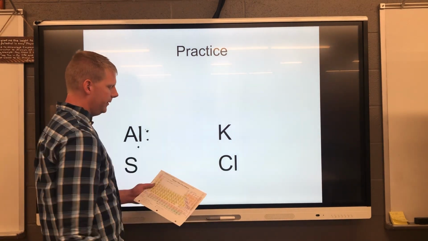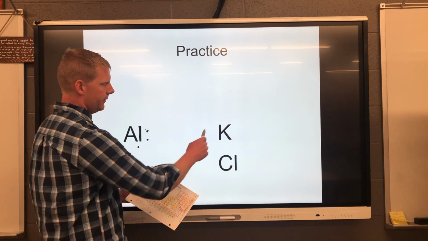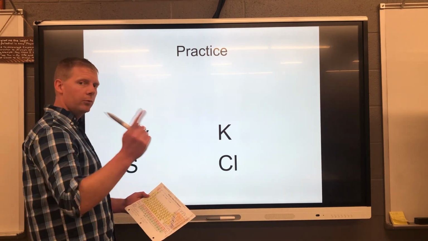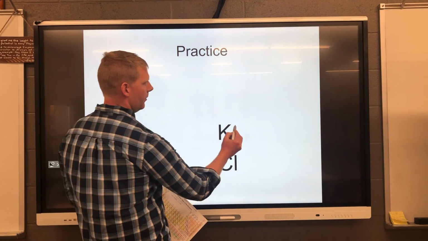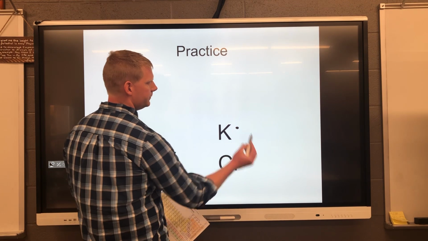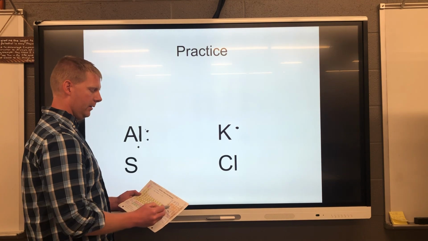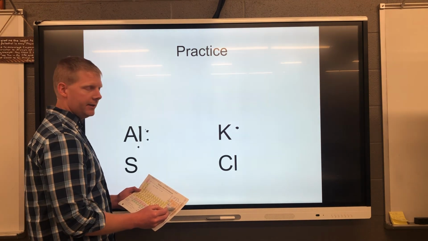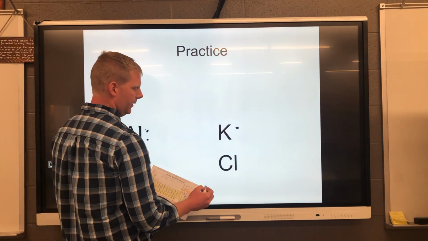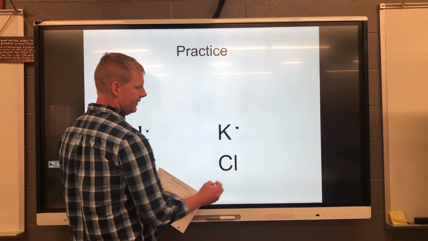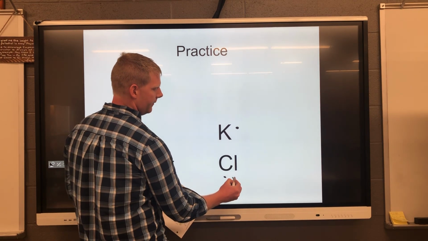So potassium, you find the K on here, so that's the atomic symbol. It's in group 1, so it must have 1 valence electron. If we go to chlorine, it's atomic number 17, so you can find it. It's in group 17, so it has 7 valence electrons.